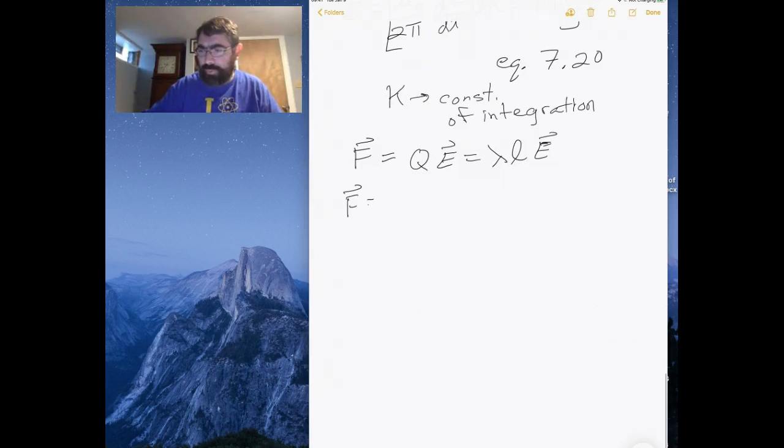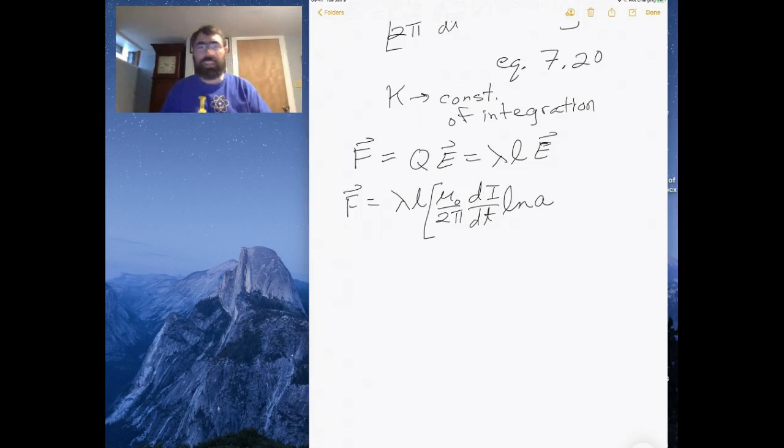My equation for the force is lambda L mu 0 change in I divided by 2 pi, the natural log of A, where A is the radius of the inner conductor, plus my constant of integration. That's in the z direction.